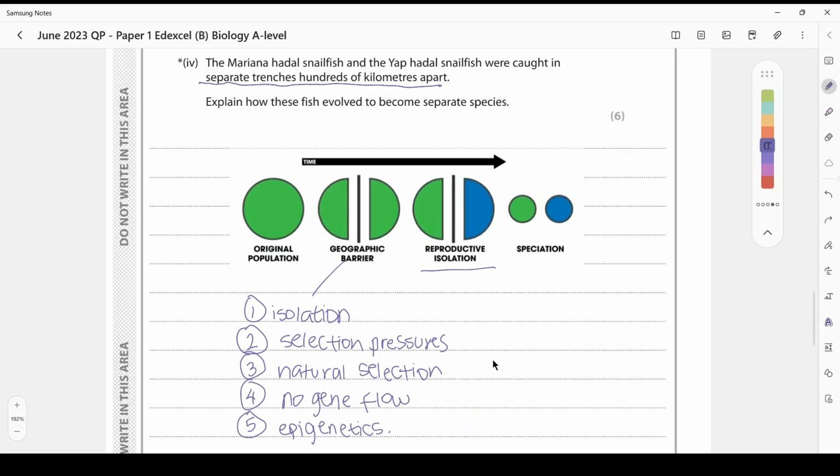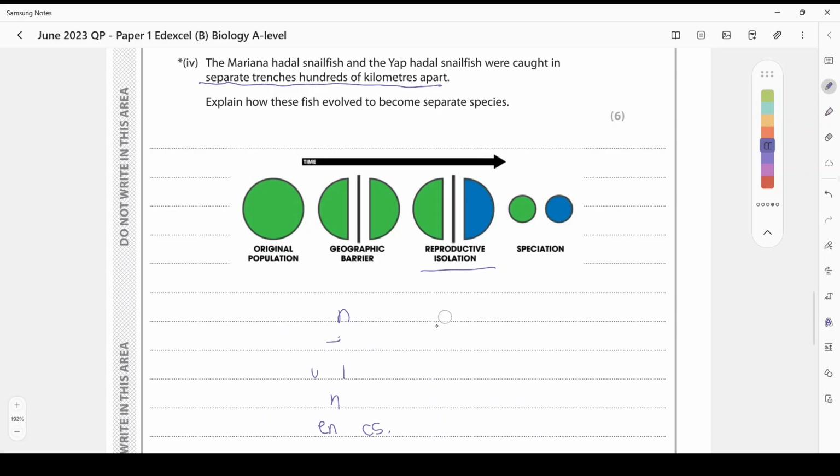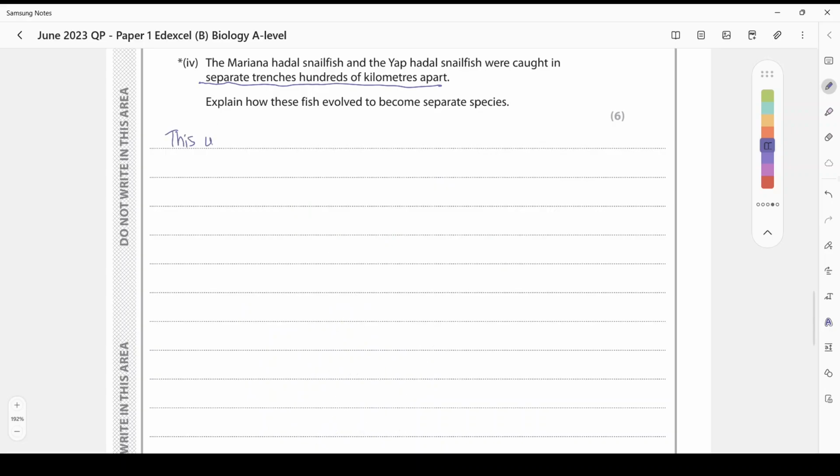Okay, I'm just going to erase this. This would be an example of allopatric speciation.